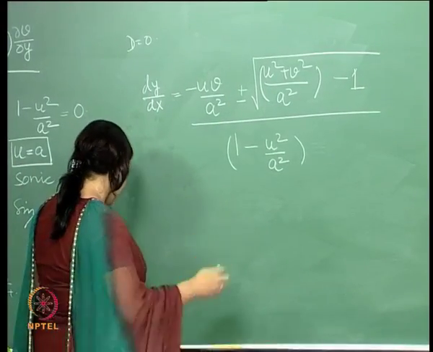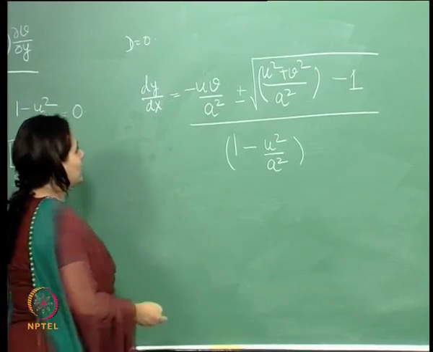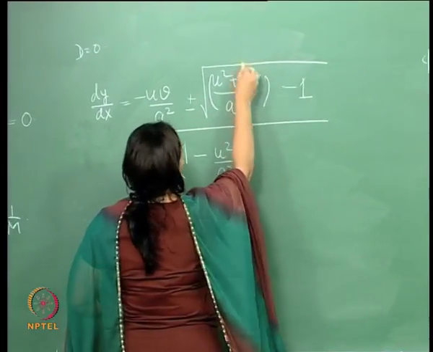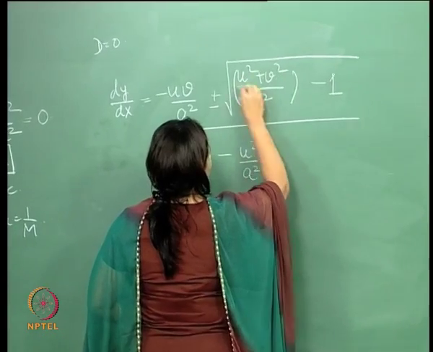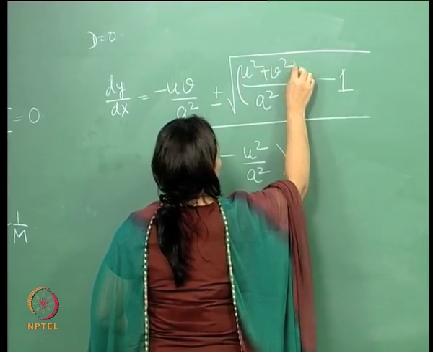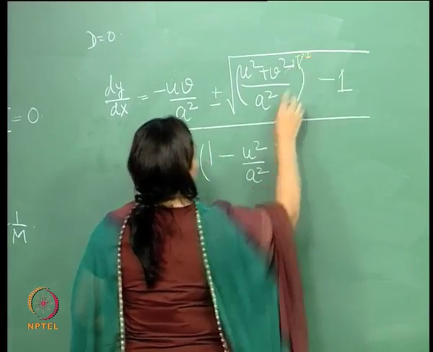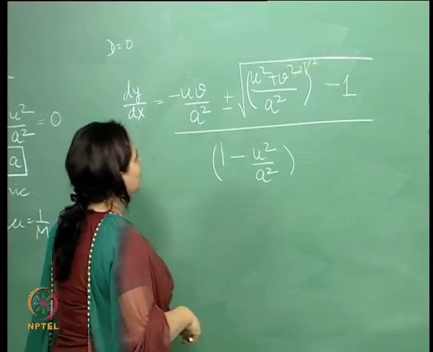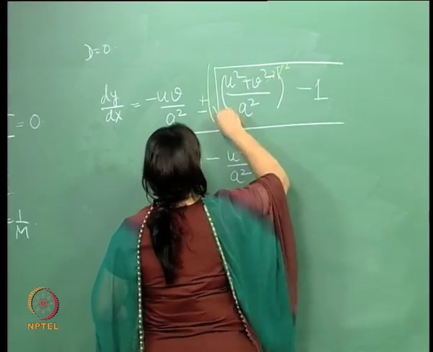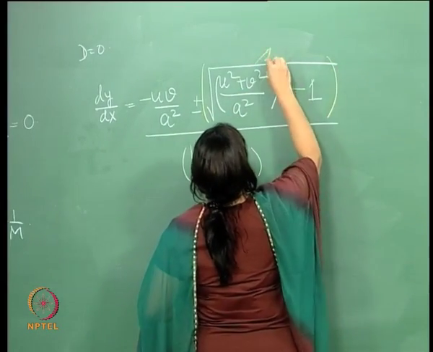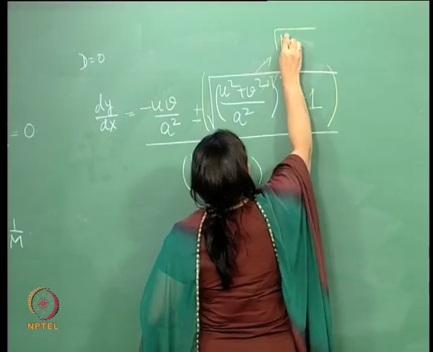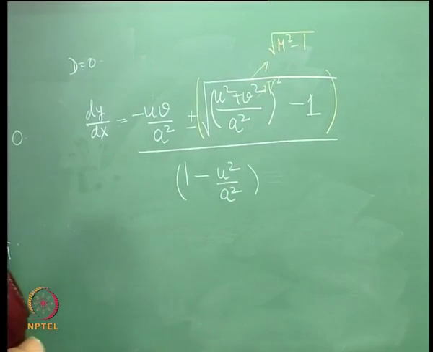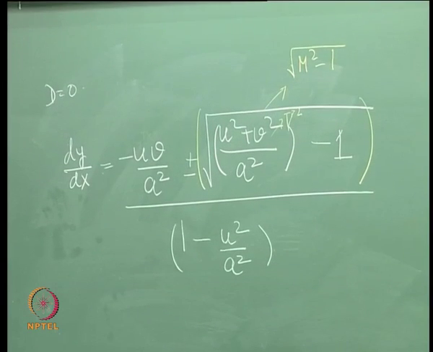Now, let us see what other information this is giving us. If you just take a step back and look at this, this essentially is nothing but, say, total velocity, isn't it? This is, say, v squared. So I can say this is actually equal to M squared minus 1, isn't it, Mach number.